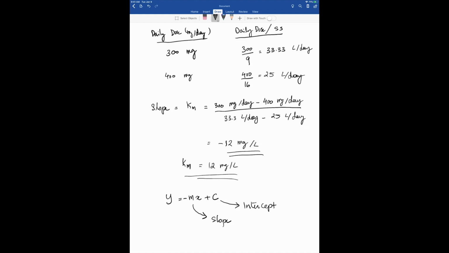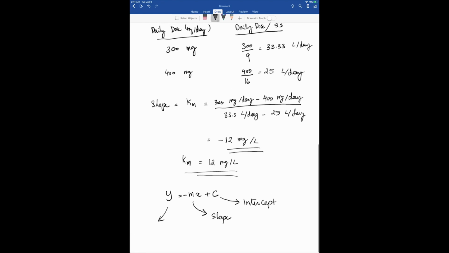Here y, if you go back and look at the graph, is the daily dose, and x is the daily dose divided by steady state.